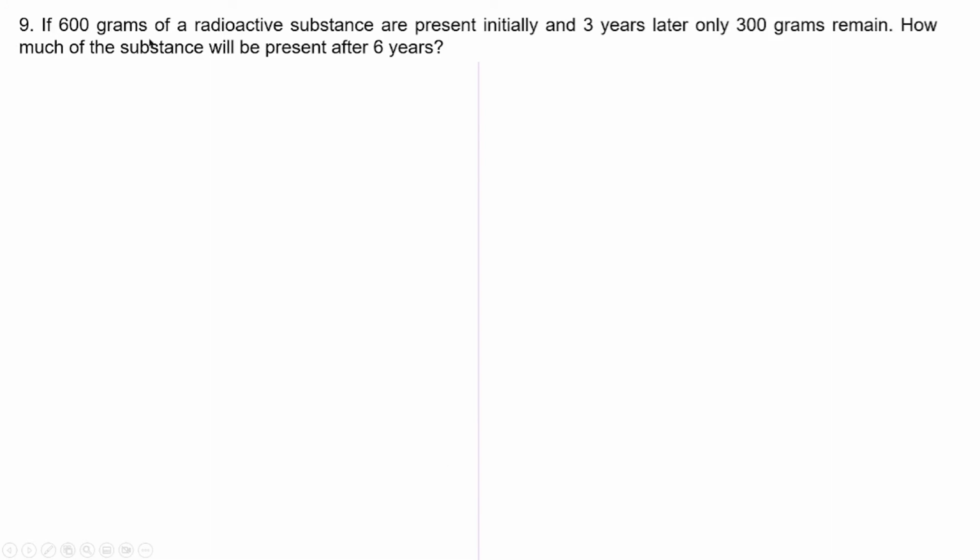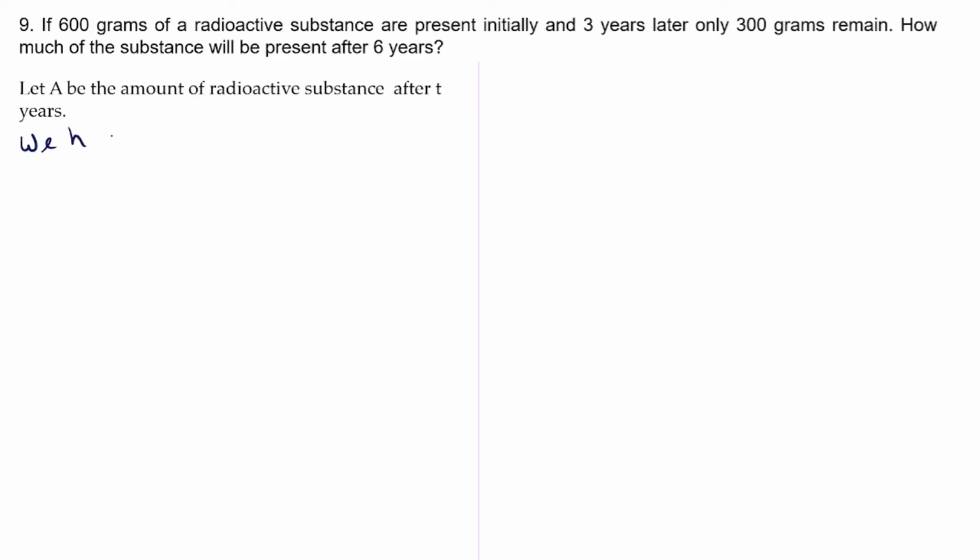If 600 grams of a radioactive substance are present initially and 3 years later only 300 grams remain, how much of the substance will be present after 6 years? So here initially 600 grams was present and 3 years later 300 grams remain. We need to find the amount after 6 years. Let A be the amount after t years.